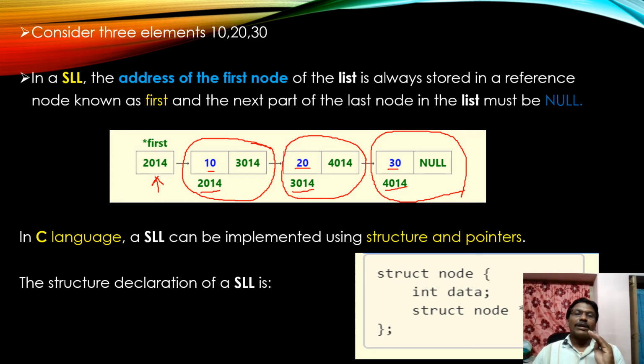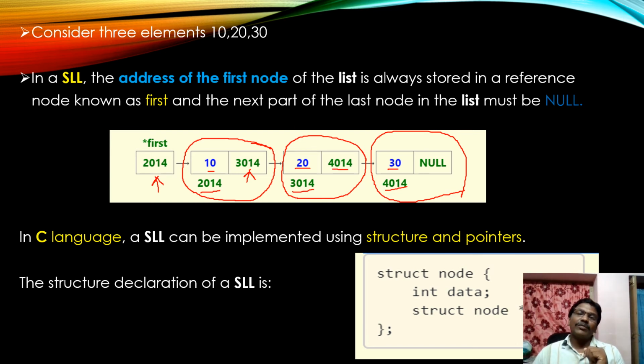The first node has the actual data and the next node address, that is 3014, stored in the first node's next. The second node has the value 20, and next stores the next node address, 4014.